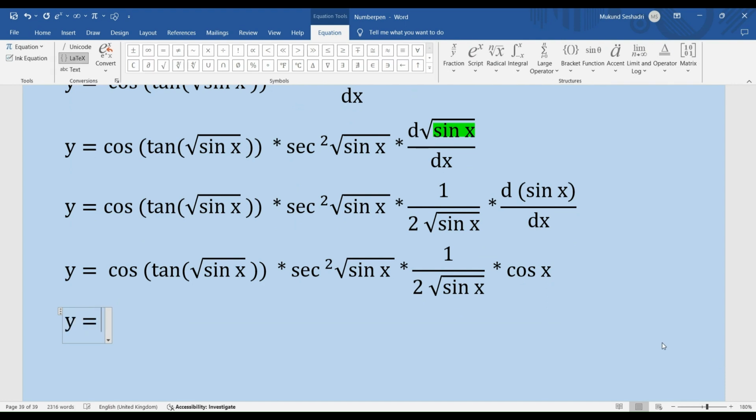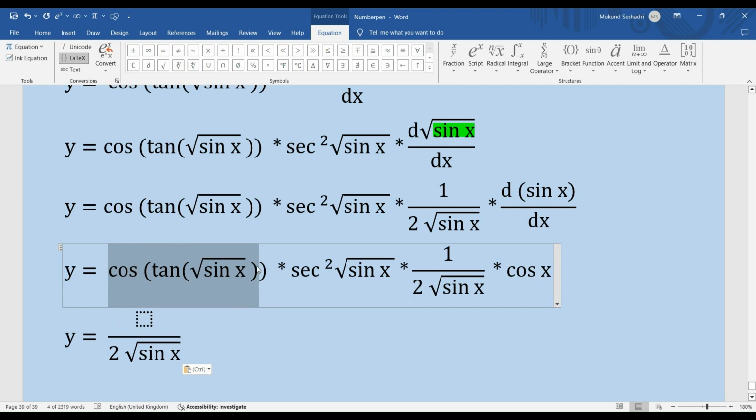So I write my final answer in the form of x by y. So my denominator has a 2 root sine x, and my numerator will have three expressions.